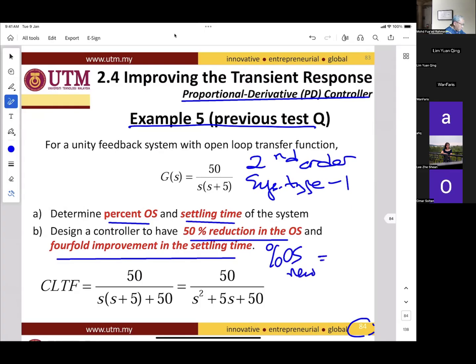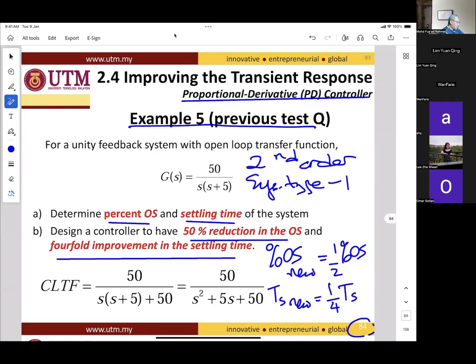the OS new is 1/2 the previous OS, and the new settling time is 1/4 compared to the old settling time.